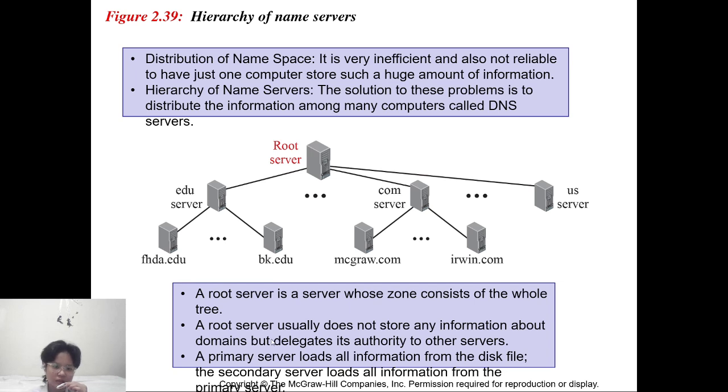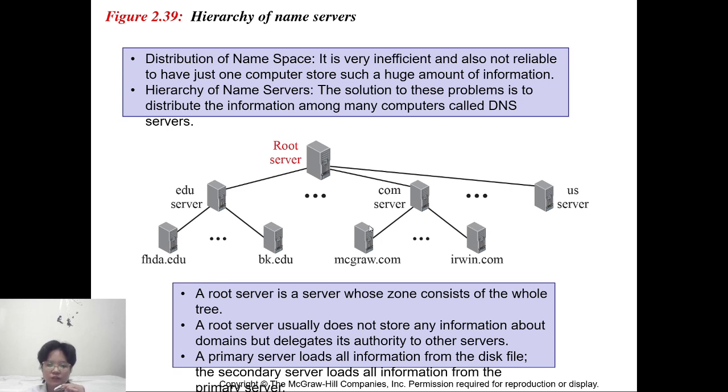You can see the top is the root server, and another level of servers, and the last level is below. A root server is a server whose zone consists of the whole tree.